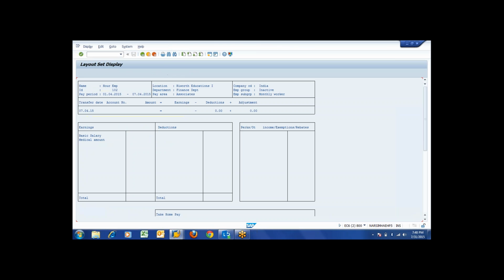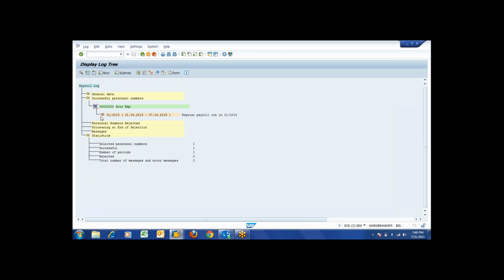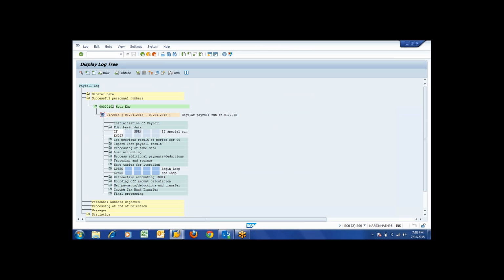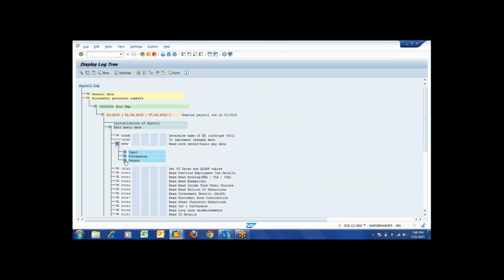Generally he won't get any salary because we haven't done any valuations here. I will show you in the payroll log from where we are getting what data and how we are going to evaluate this.